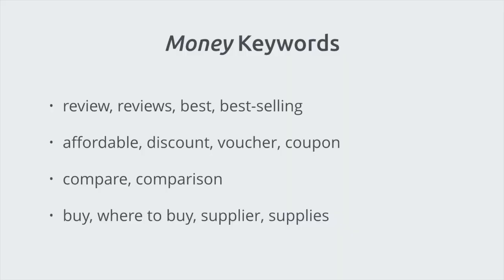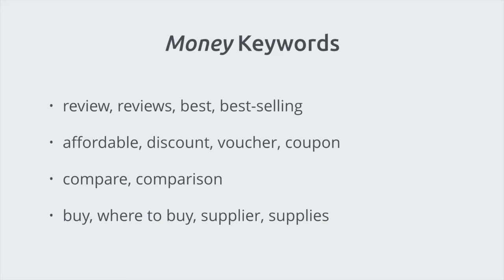I don't have much time in this course to give you step-by-step instructions on how to use the Google Keywords tool. But here is the cheat sheet when you are using the tool. Look for money keywords. By money keywords, I mean keywords that indicate an intention to actually purchase a product or service. These keywords are like review, reviews, affordable, discount, compare, comparison.